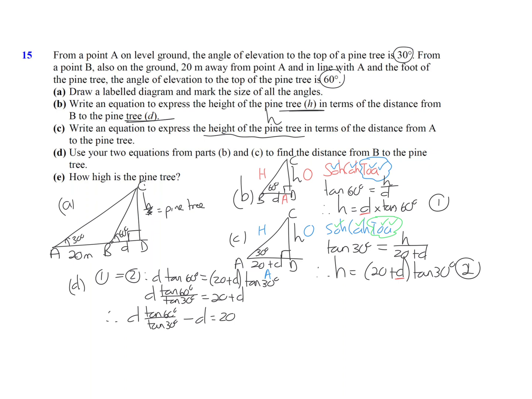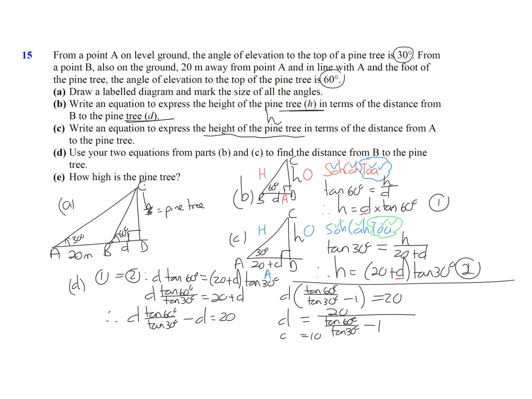Next step, factorize the D. Take out the D. Then I'm left with tan 60 over tan 30 degrees, take 1. Then divide by the bracket to get D on its own. So it's 20 over tan 60 over tan 30, take 1. Type that into your calculator exactly like that, and you'll get D is 10.